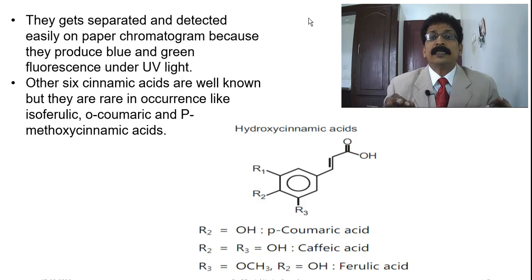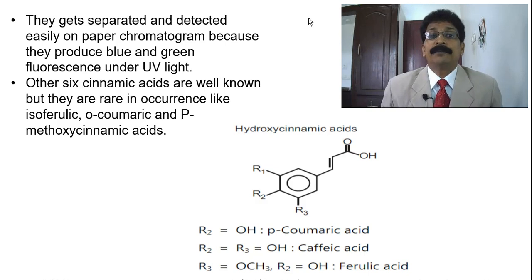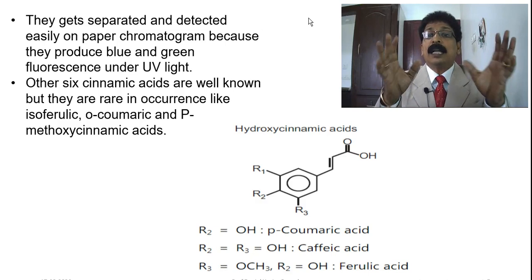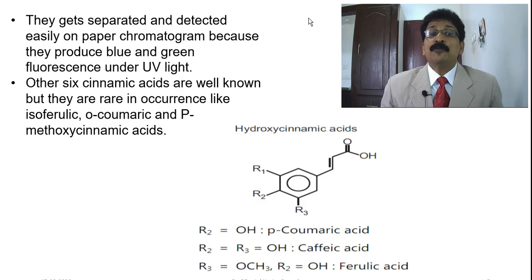They can be easily identified by paper chromatography, giving color variations, producing blue-green fluorescence when UV light falls on them. So after developing a paper chromatogram, you can take it to the UV chamber and identify them by means of color visibility.